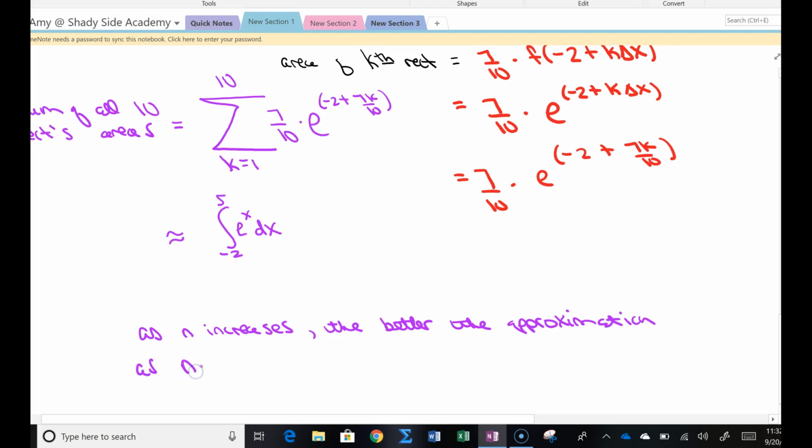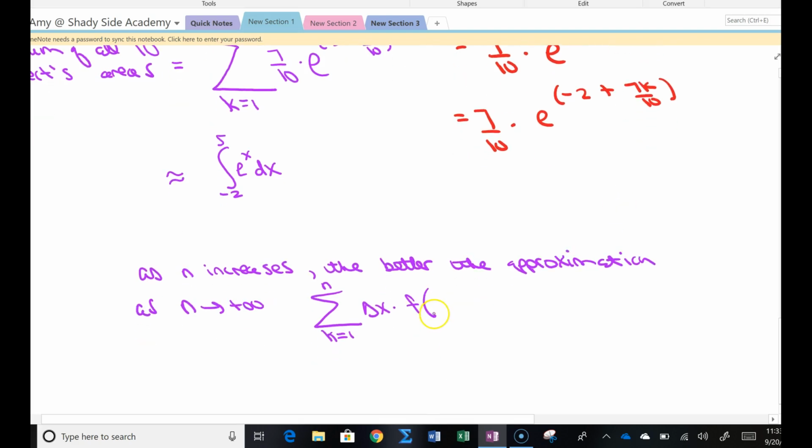As n approaches positive infinity, the summation from k equals 1 to n of delta x times f of, let's say, a plus k delta x.